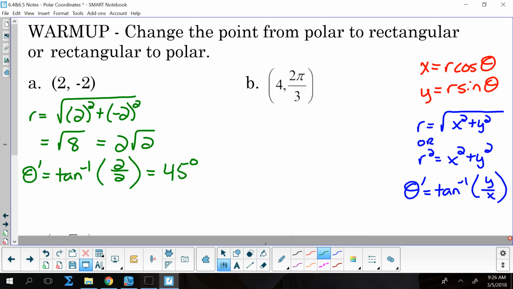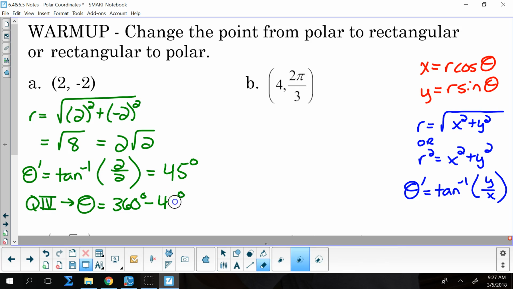But where is the point? 2 comma negative 2? Quadrant 4. So that means that my theta is actually going to be 360 minus theta prime, which is 45. So that's going to be 315 degrees.